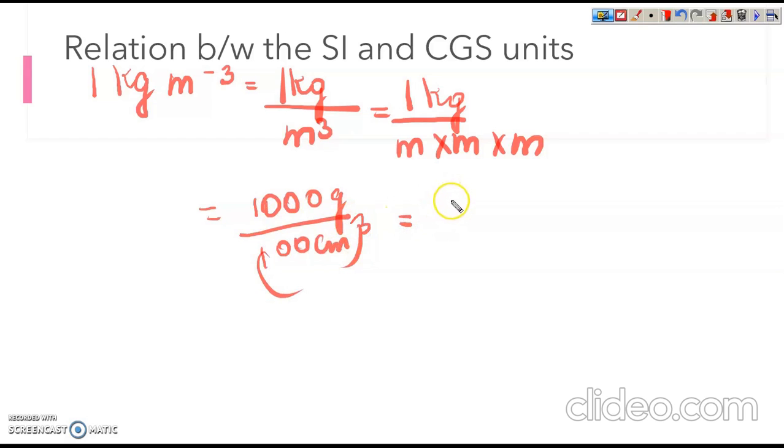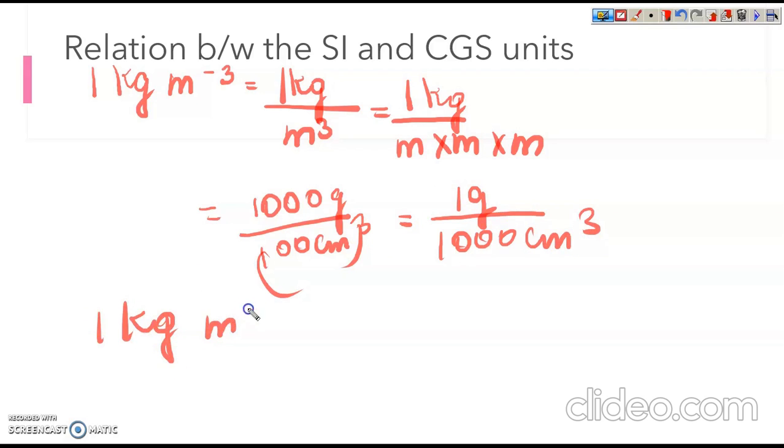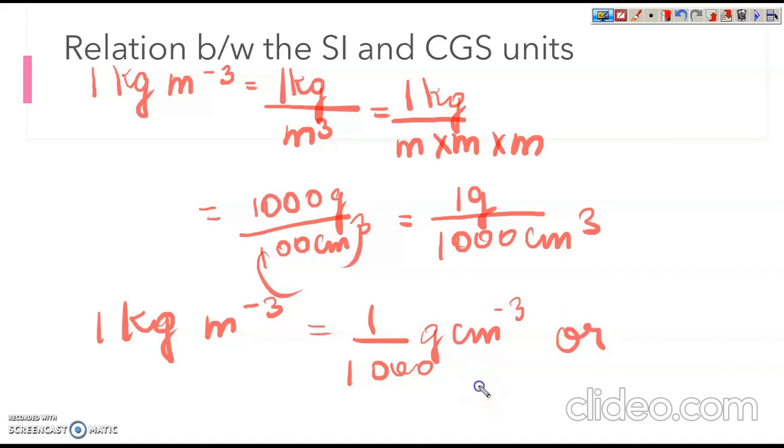When you cancel this, it will become 1000 gram over 1000000 centimeter cube, so 1 kilogram meter minus cube is 1 over 1000 gram centimeter minus cube, or 1 gram centimeter cube is 1000 kilogram meter cube.